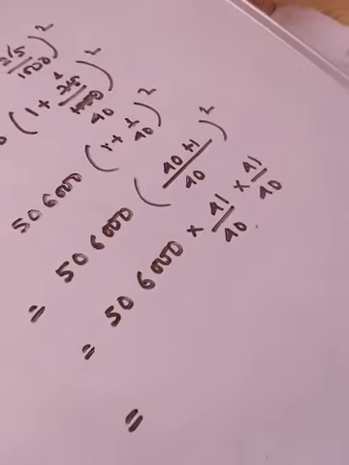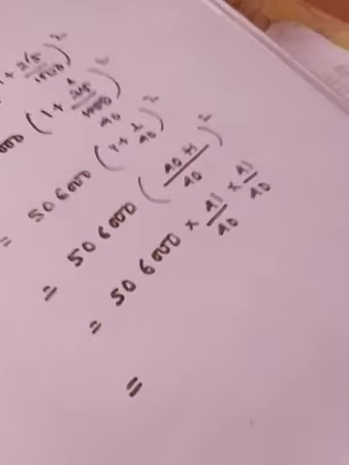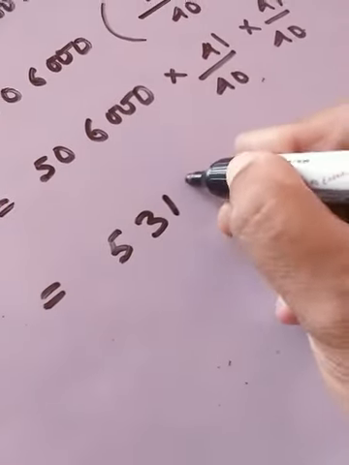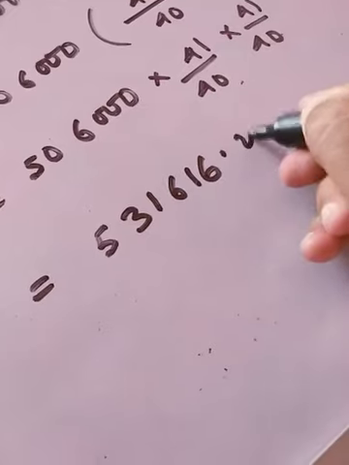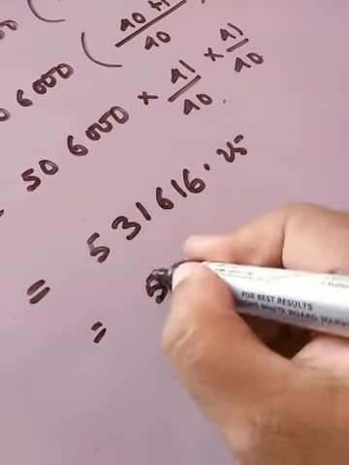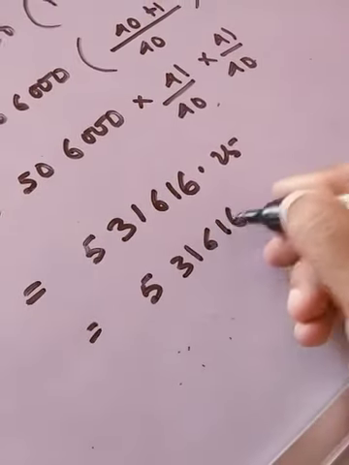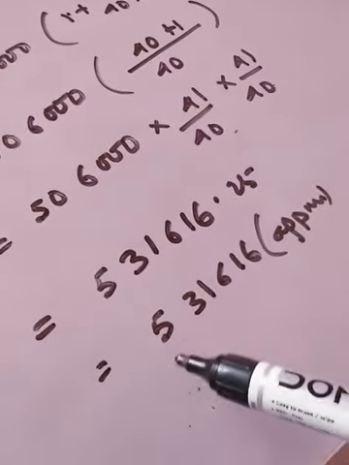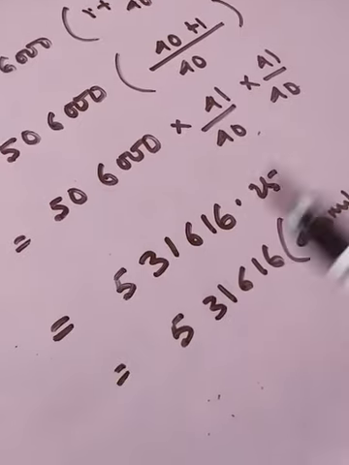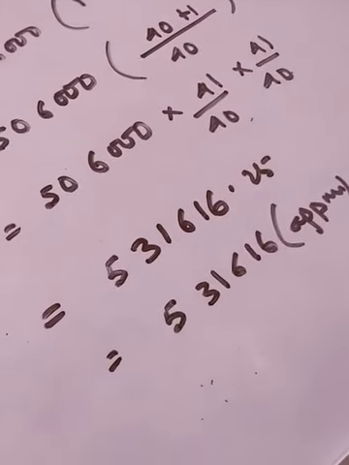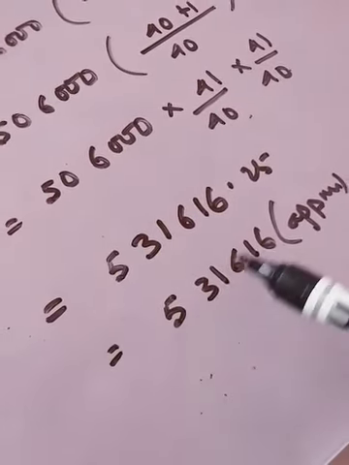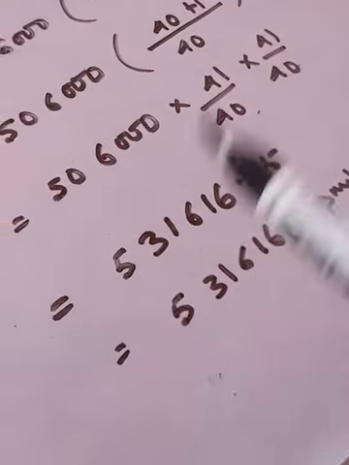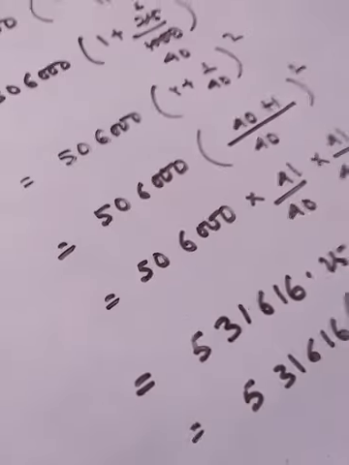Now once you do it, the solution would be 531,616.25. So approximately you can write 531,616. So after 2 hours, the quantity of bacteria would be 5,31,616. Okay, so this is the solution of sum number 11.